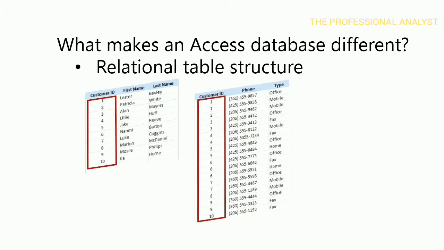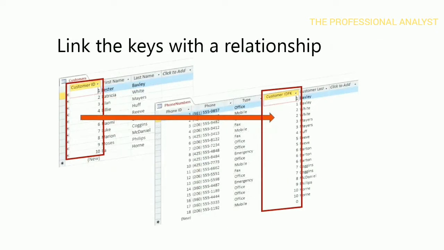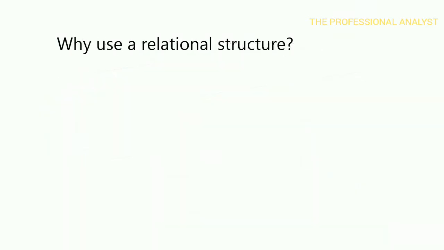The originating field is called a primary key, and the destination field is called a foreign key. Now, just having the fields there doesn't link them. You do that by creating a relationship between the tables, and I'll show you how to do that later in this course.